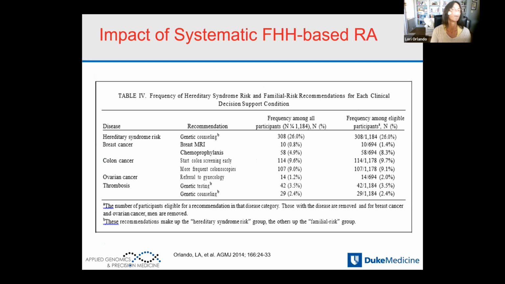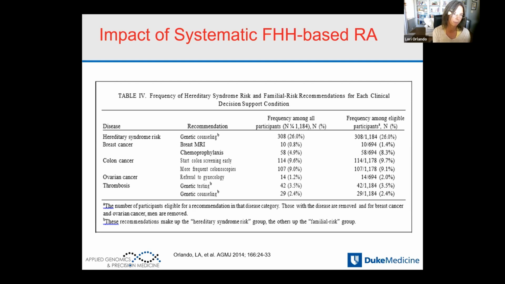All right, so this is from a very small study we did very early on, where we looked at just a handful of conditions. So hereditary syndrome risk, which was primarily hereditary breast and ovarian cancer syndrome, Lynch syndrome, and Cowden. In a primary care population in a large health system in North Carolina, we recruited about 1,180 participants from the primary care clinics.